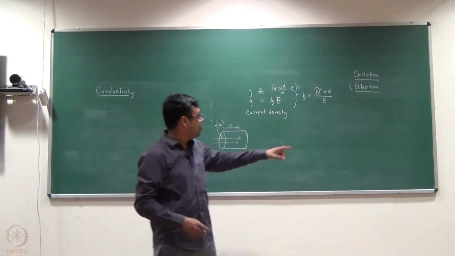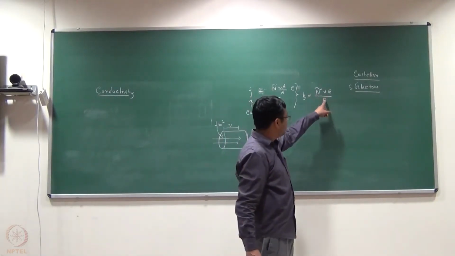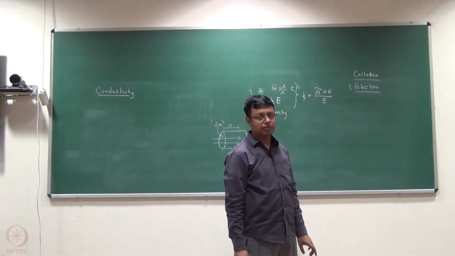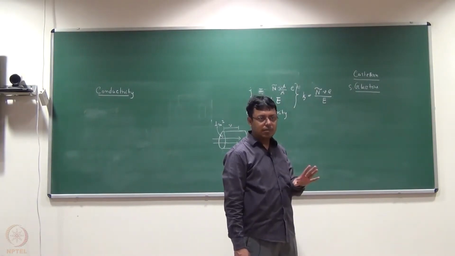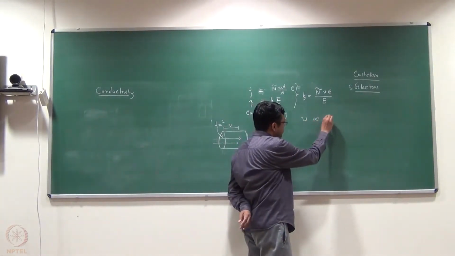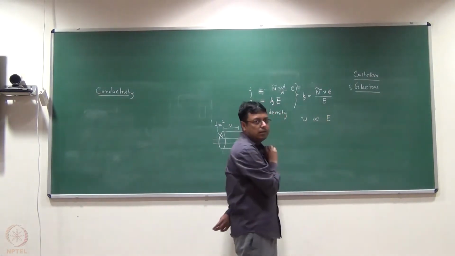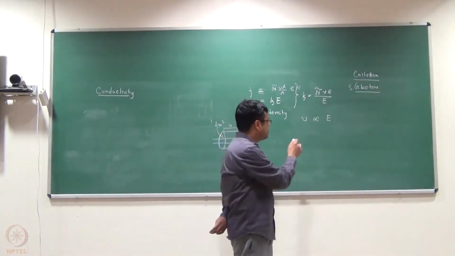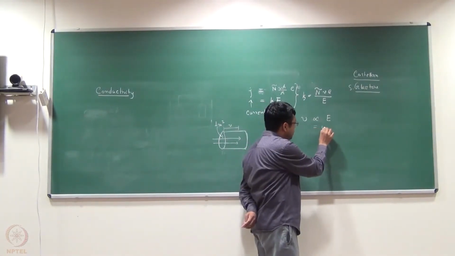Then the proportionality constants cancel, and kappa is independent of the electric field. Clear? So this v should be proportional to the electric field strength, and that proportionality constant we call mobility. We write it as u.